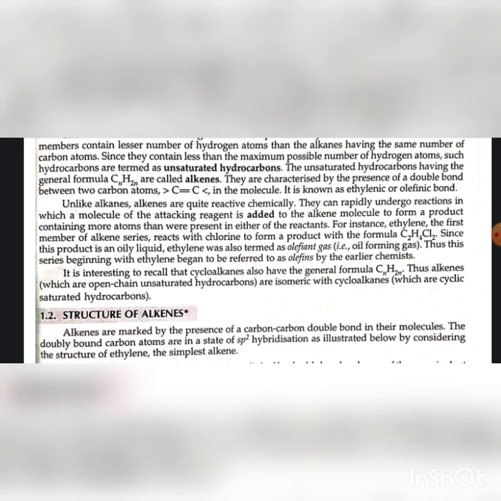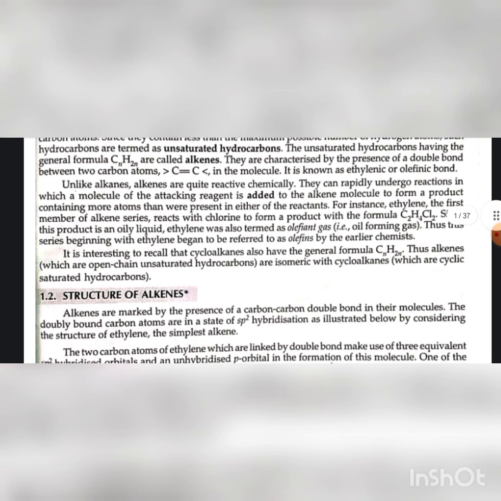Thus, this series beginning with ethylene began to be referred to as olefins by the earlier chemists. It is interesting to recall that cycloalkanes also have the general formula CnH2n. Thus, alkenes, which are open chain unsaturated hydrocarbons, are isomeric with cycloalkanes, which are cyclic saturated hydrocarbons.